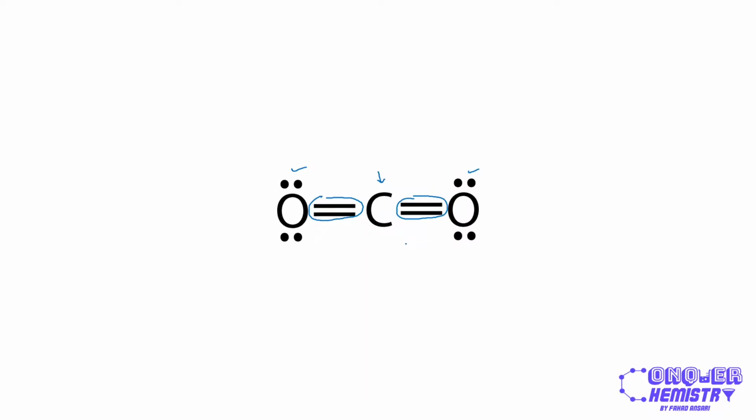And they're going to try to make sure that the distance between themselves is the maximum, so the repulsion is the minimum, right? So the maximum distance is achieved at a bond angle of 180 degrees, right? And so the shape of this molecule is called linear, right?